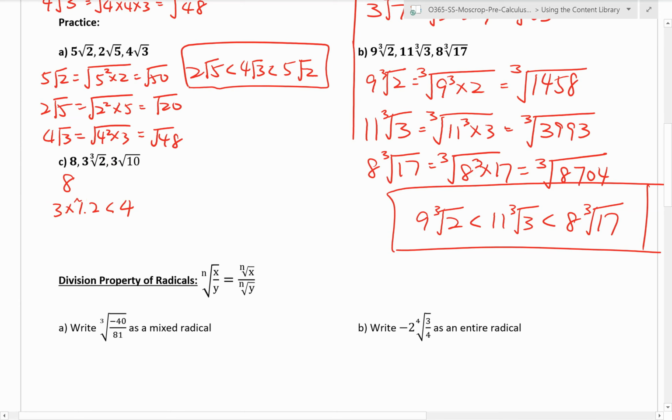And you have 3 root 10. I'm going to write out the whole thing. So this is 3 cube root of 2, which is approximately 3 times 1.2. So this is around 3.6. Okay, approximately, obviously not entirely correct. 3 root 10. Now root 10.